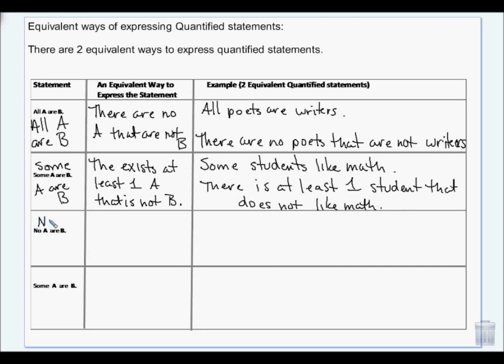Here I have no A are B. So if I say no A are B, again, if I'm talking about, say, the entire population on the planet, there cannot be one single person that doesn't fit this.